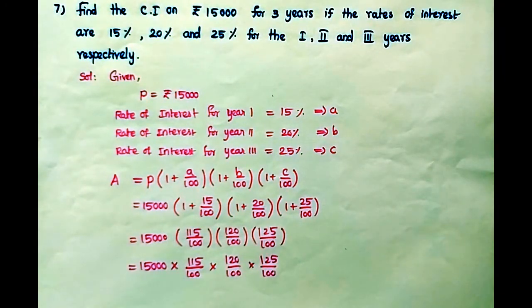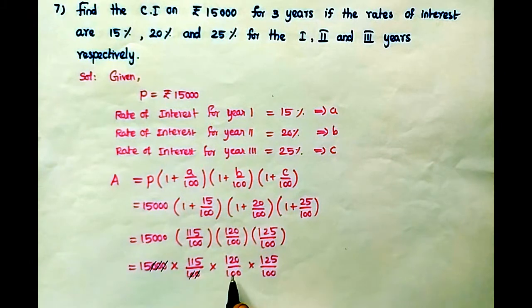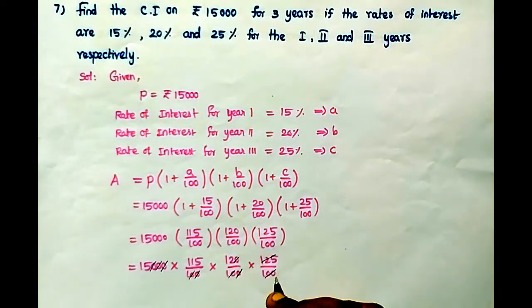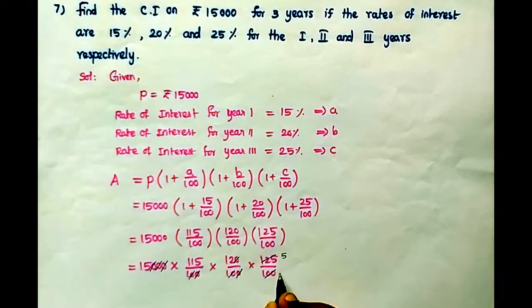Now cancellation, 3 zeros. So here 3 zeros cancelled and one more 0 is cancelled here. And listen, 100 and 125 cancelled by 25 tables. 5 25s are 125, 4 25s are 100.